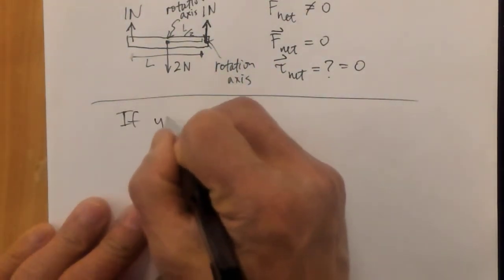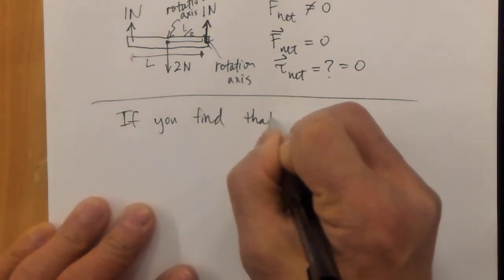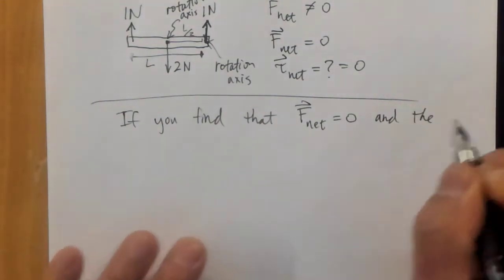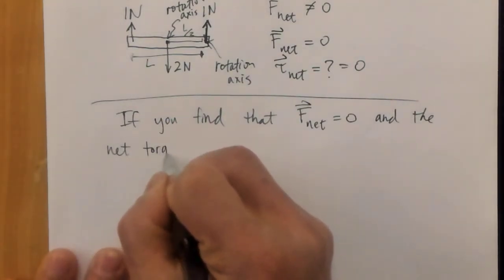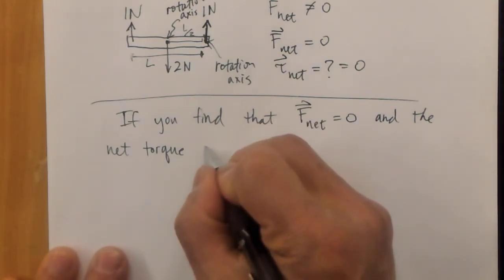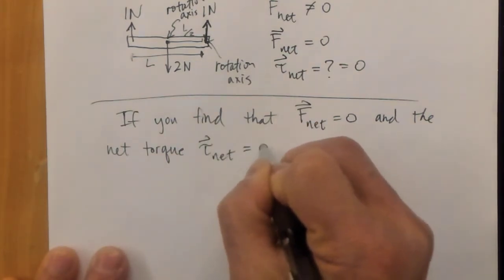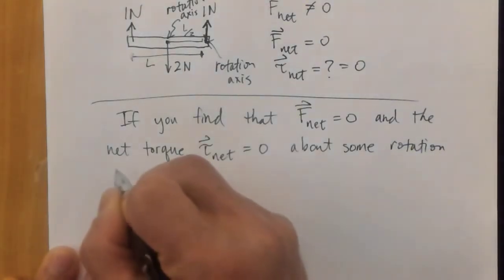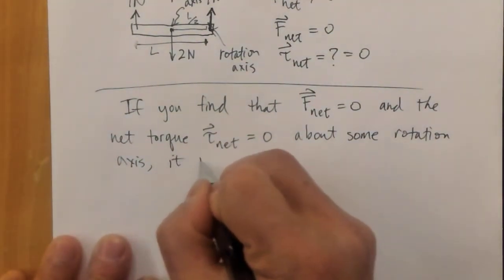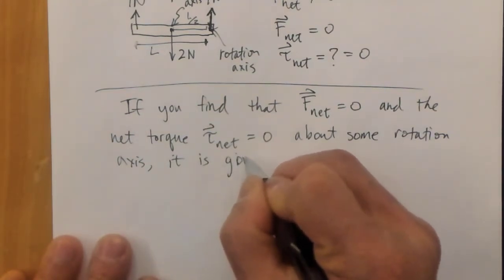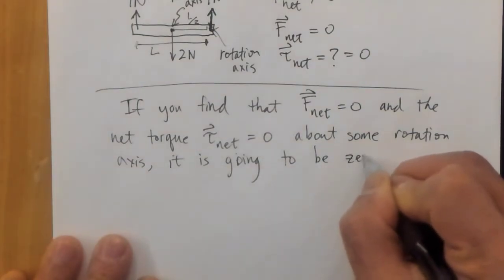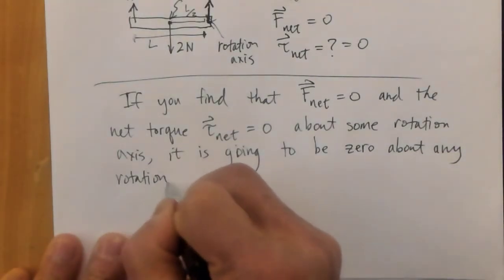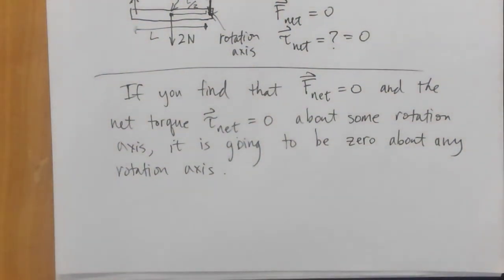If you find that F net equals 0 and the net torque is equal to 0 about some rotation axis, it is going to be 0 about any rotation axis.